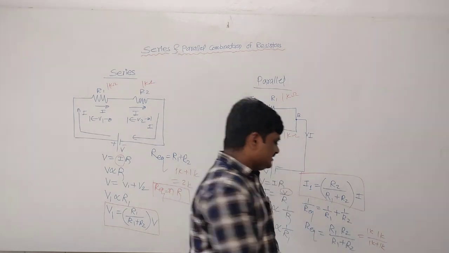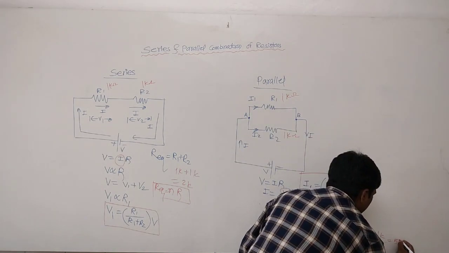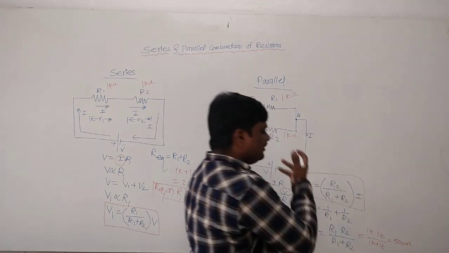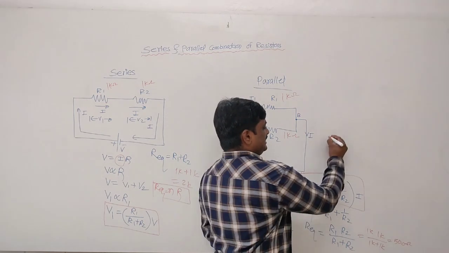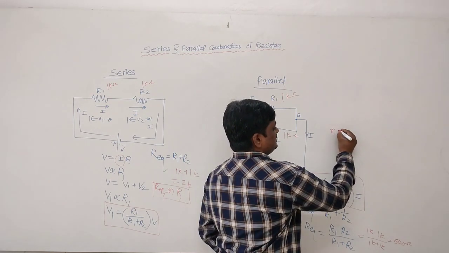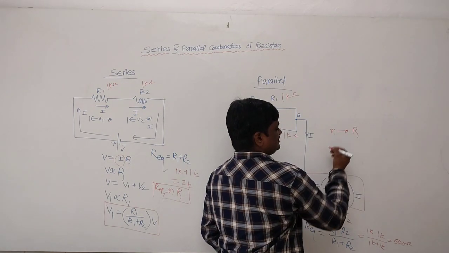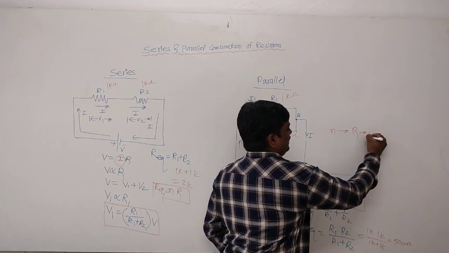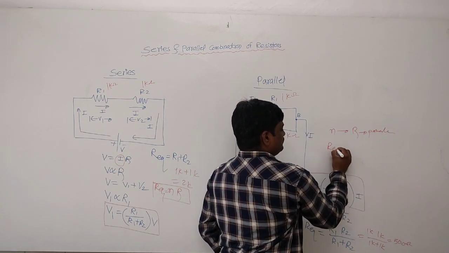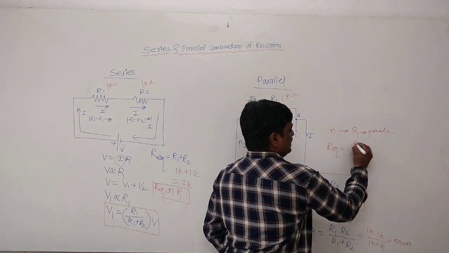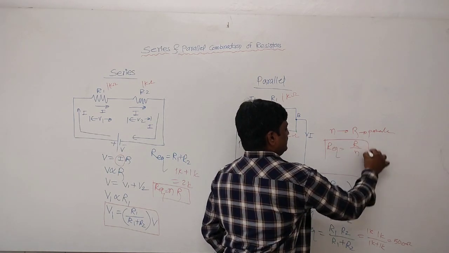If you solve this, you'll get 500 ohm, which is half of the resistance value. So if you connect n resistors, each of resistance value R, in parallel, then their equivalent resistance value will be equal to R divided by n.